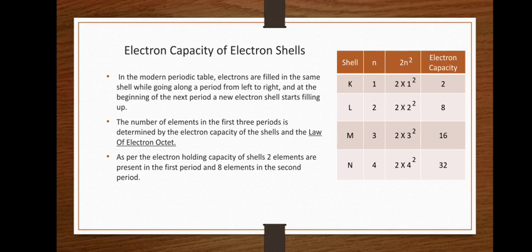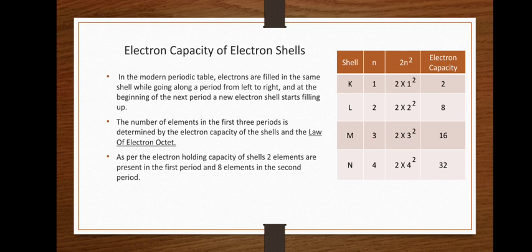Okay, and at the beginning of the next period, a new electron shell starts filling up. So after first period gets over, L shell is added in the second period. K is already there, L is again added. The number of elements in the first three periods is determined by the electron capacity of the shells and the law of electron octet.